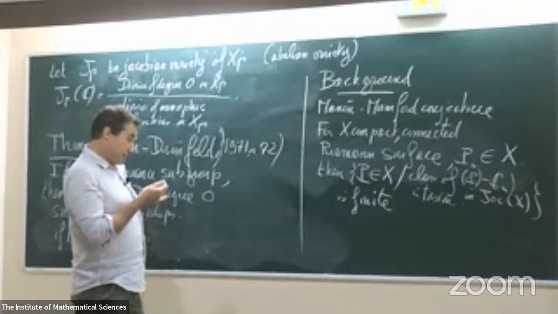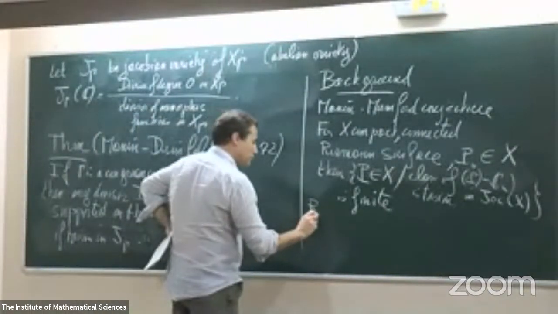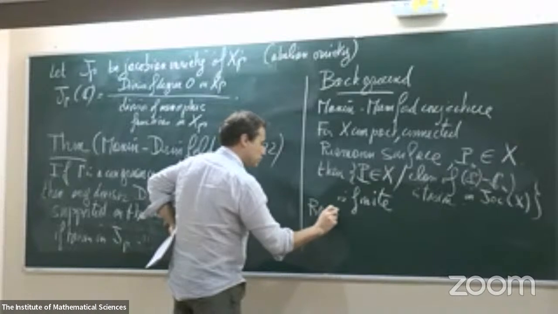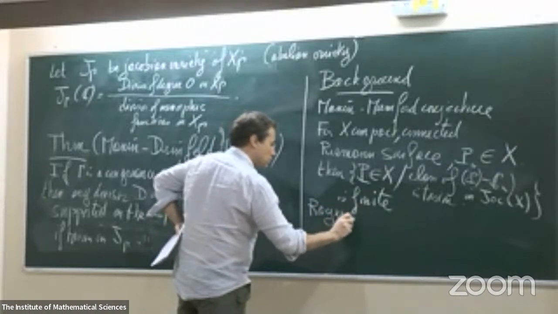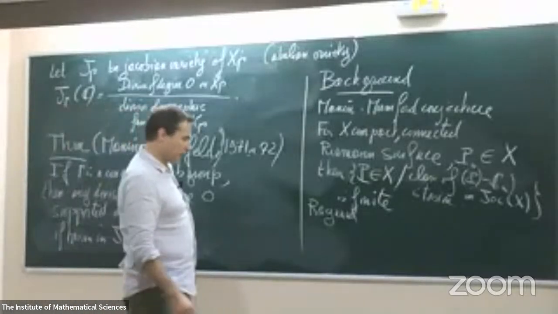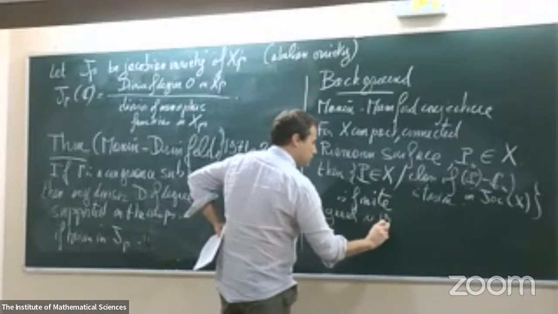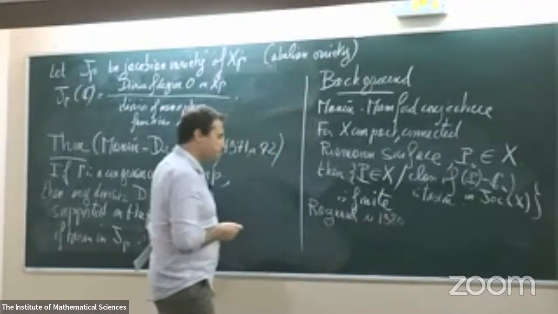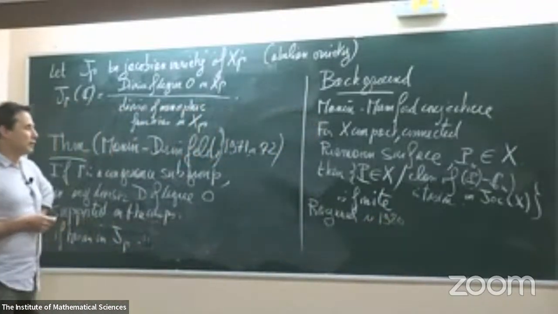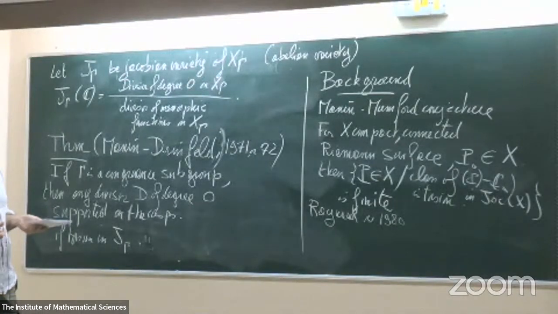About the proof of the Manin-Drinfeld conjecture, the first proof is due to Raynaud, I believe in the early 1980s. I don't know exactly the right date, so let's say about that. And as I said, there has then been a series of other proofs.